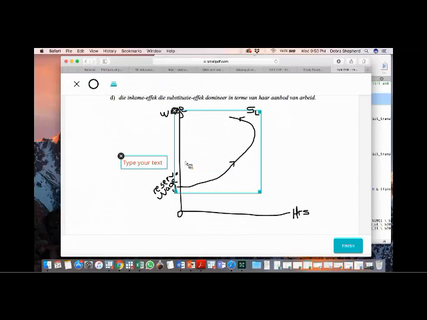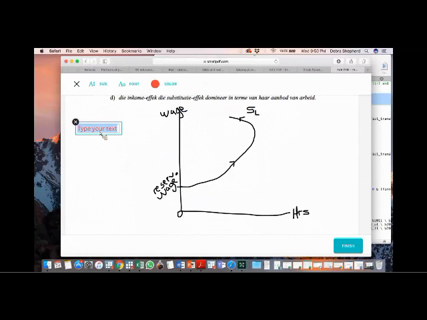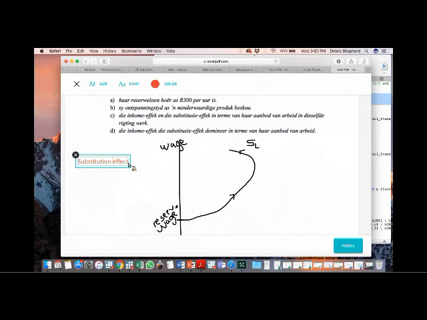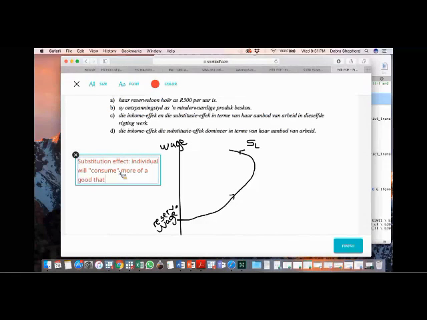Okay, so the substitution effect argues that an individual will consume, and I'm using the word consume here because we do consume work and leisure, more of a good that is relatively cheaper.